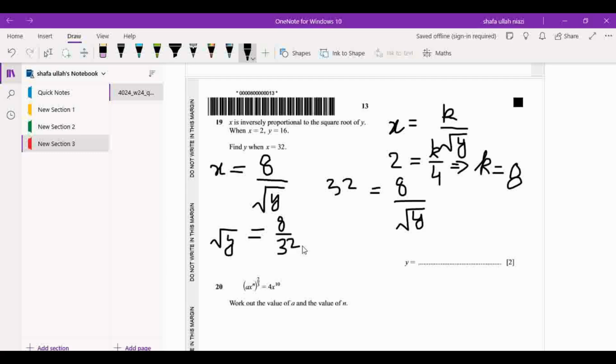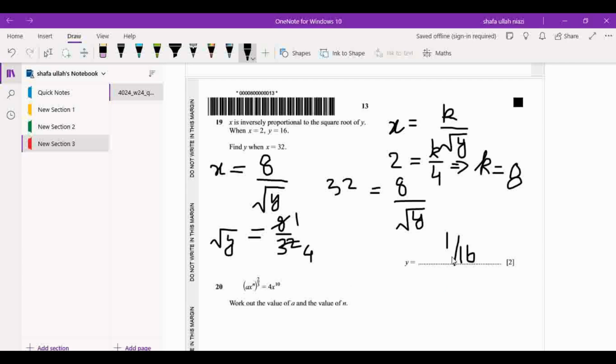In order to find y, we take the square on both sides. So y comes out to be 1 over 16. That's it.